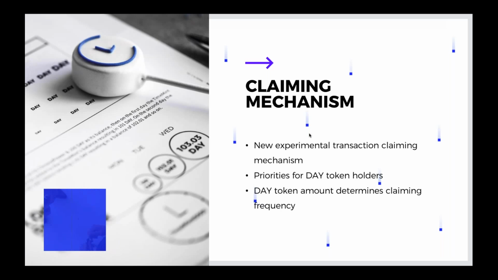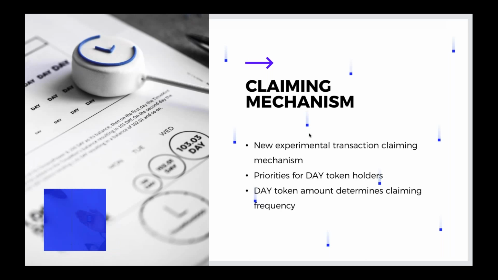So the claiming mechanism, right? What it allows in this new protocol is it allows DAY token holders to have priority over executing transactions. Of course, it is an open protocol, so anybody would be able to become a time node and execute these transactions that people are scheduling.